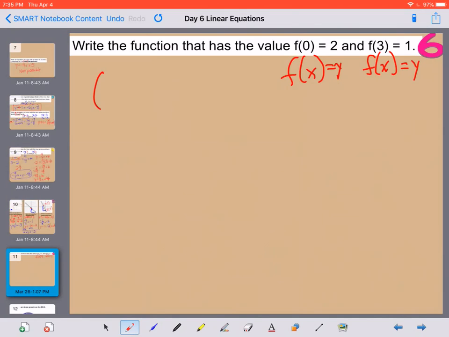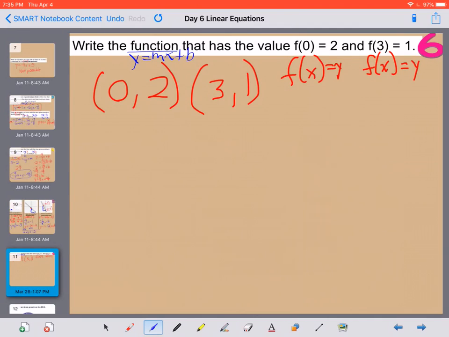So we have the point 0, 2 and the point 3, 1. I'm going to find the slope of this. Now when it says the function, I need to write an equation. I'm just going to write it in y equals mx plus b.